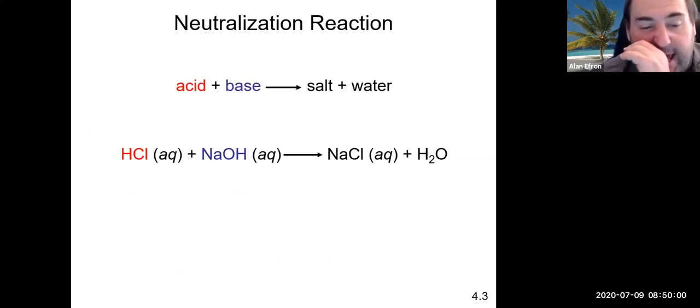So in an acid-base neutralization reaction, if we take hydrochloric acid like we have here, and we take sodium hydroxide, ultimately, if you just look at this, this is really a double displacement reaction because HCl is H plus and Cl minus, positive, negative, Na plus and OH minus.